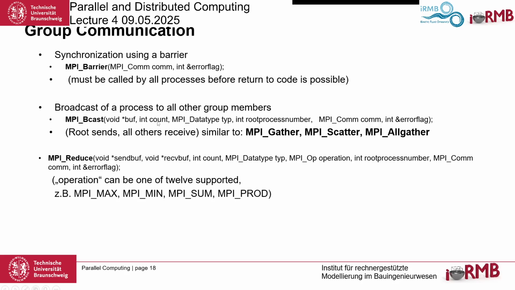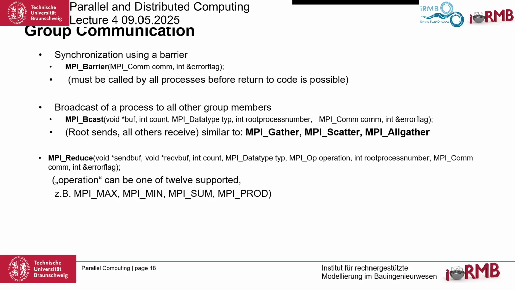So how does this work? You have a buffer, which is either the input or the output buffer for you. Then you do the same thing as usual. You have a number of variables that you want to send. Then you have an MPI data type, and now comes the important thing, namely the root process number.